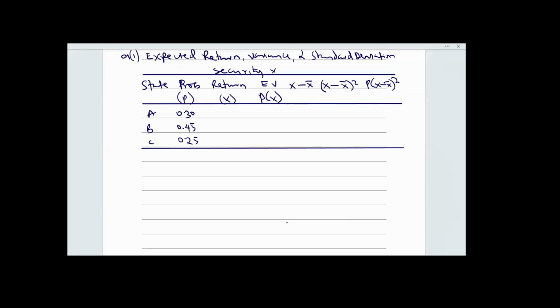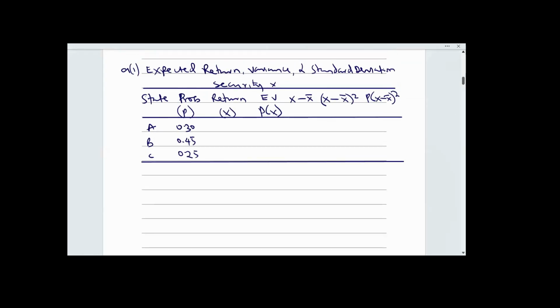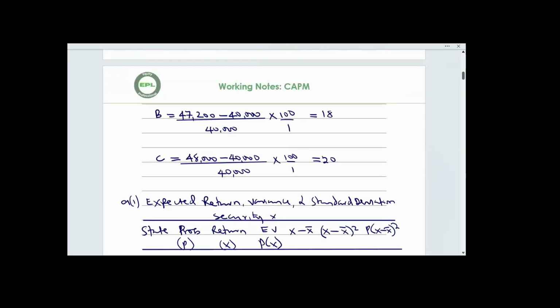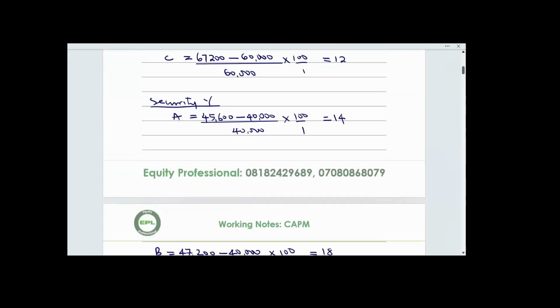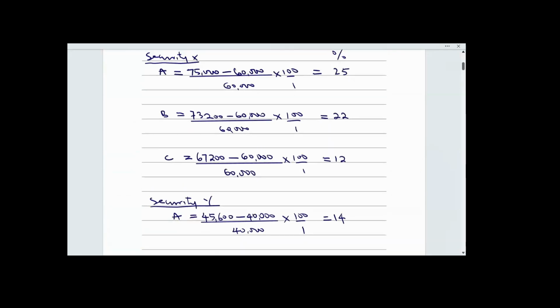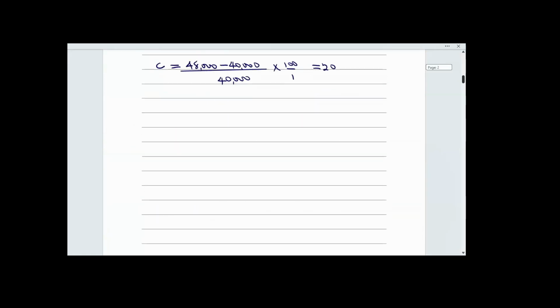The returns of security X under the states were calculated as 25, 22, 12.